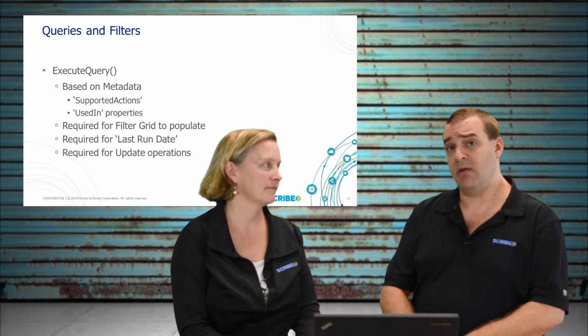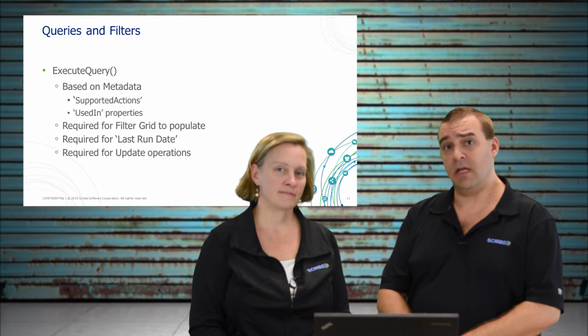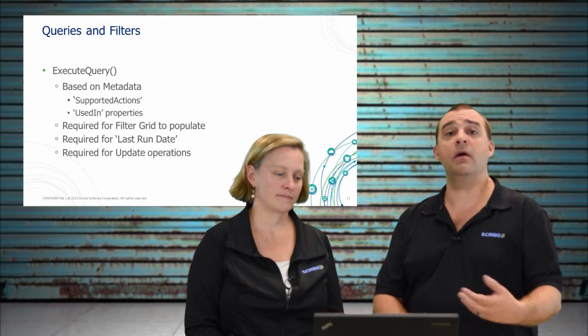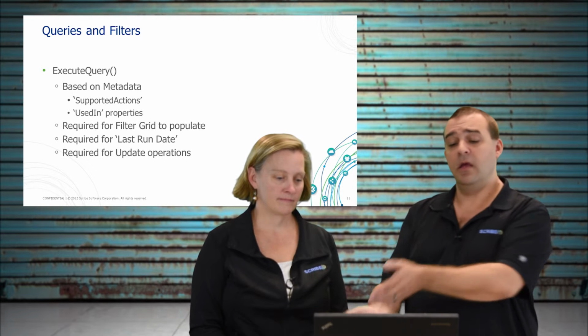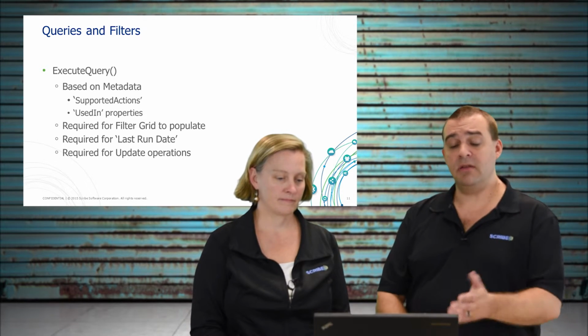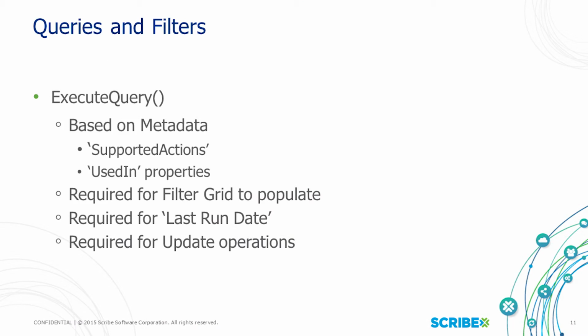It's not necessary for you to implement it if you're doing a write-only API. If all you're doing is sending data, you don't need execute query, but execute query is required for your connector to support things such as filtering, last run date, or update operations.